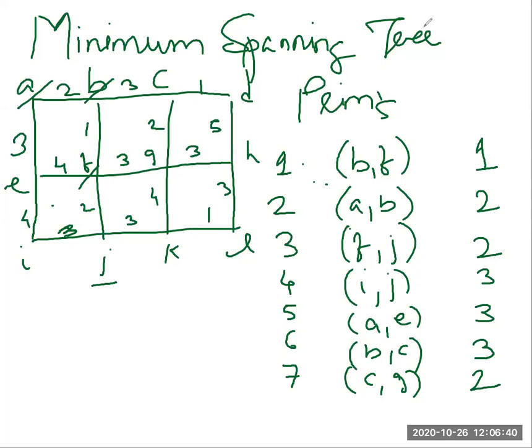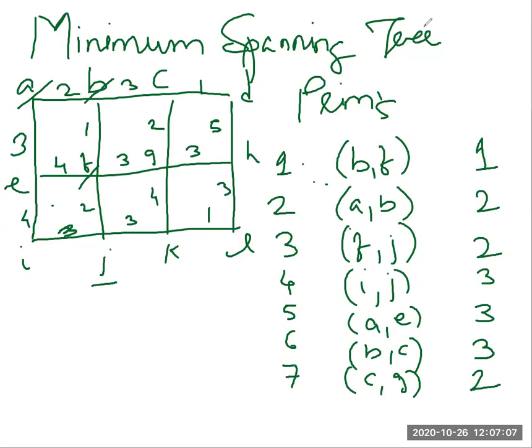So E to F, E to I, and G to K are of higher weight, so discard them. Then F to G is of weight 3, J to K is of weight 3, and G to H is of weight 3. Out of these three edges, we can consider any one edge. If we consider F to G, it will create a circuit, because B to F is in the tree, B to C is in the tree, and C to G is in the tree.